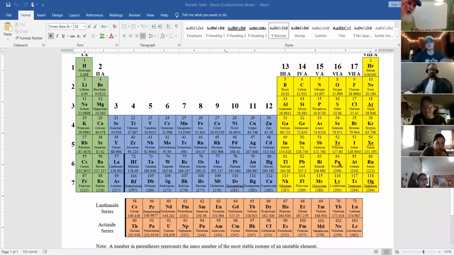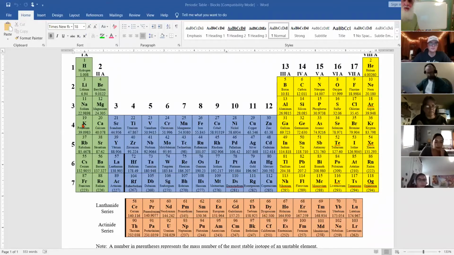Okay, so let's look at potassium over here, number 19. What's the atomic number of potassium? 19.